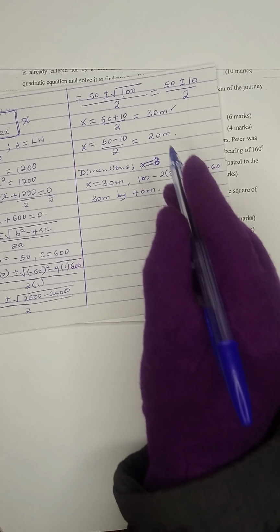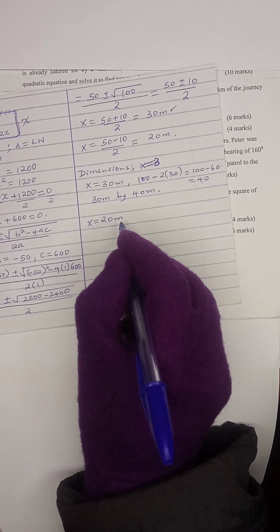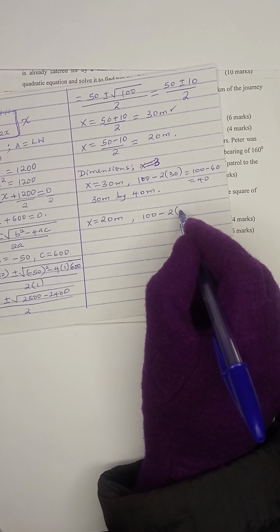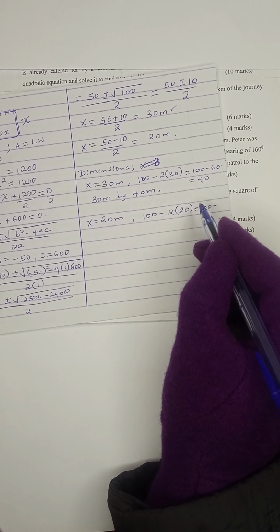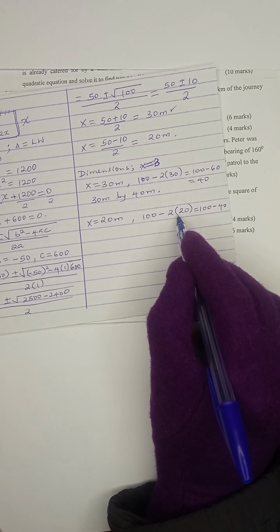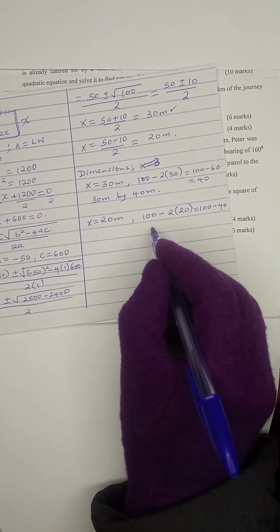Then secondly, when we use x to be 20, x is equal to 20 meters. So the other one will be 100 minus 2 times 20. That will be 100 minus 40. So what do we get there? We get 60.